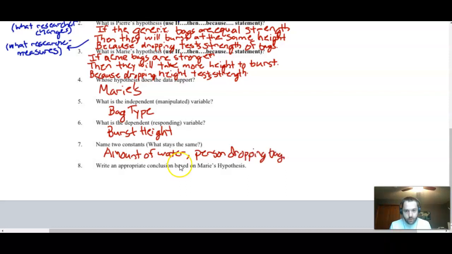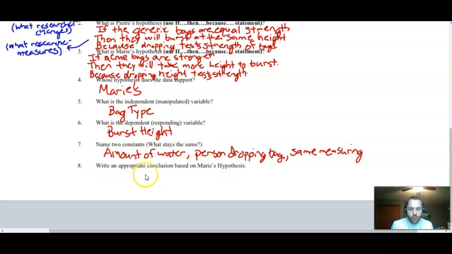You could probably assume that they were using the same measuring device, right? I doubt they're changing the ruler or whatever they use every time to measure the height. So those would be some examples of constants.